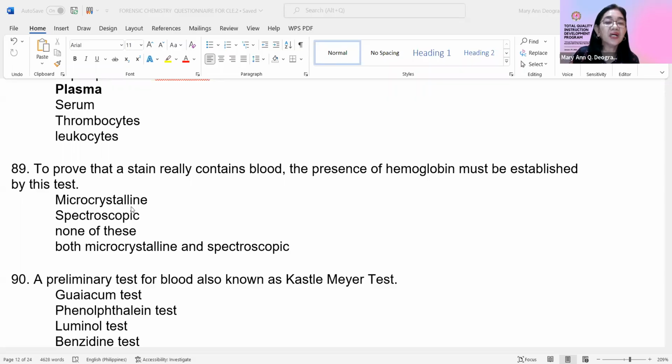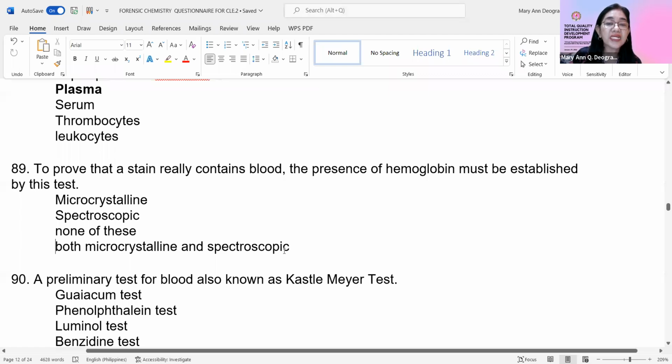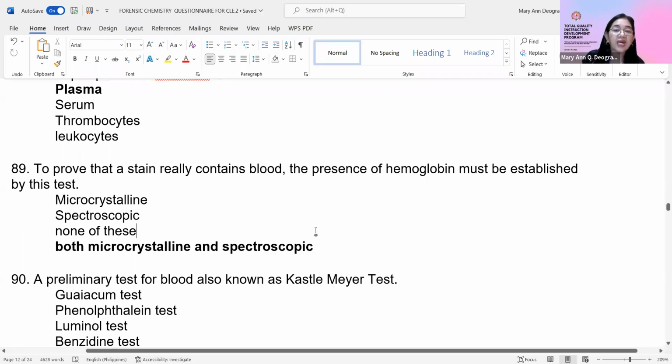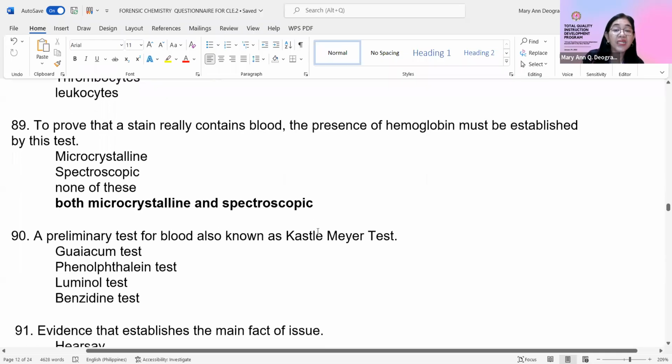Alright, so dito, no, it's both. Because both microcrystalline and spectroscopic are confirmatory tests for blood. And confirmatory seeks to establish the identity whether it is really blood or not. And paano natin malalaman na really blood yan? It should be the presence of hemoglobin. Ayan. Tama, mag-eliminate kayo.